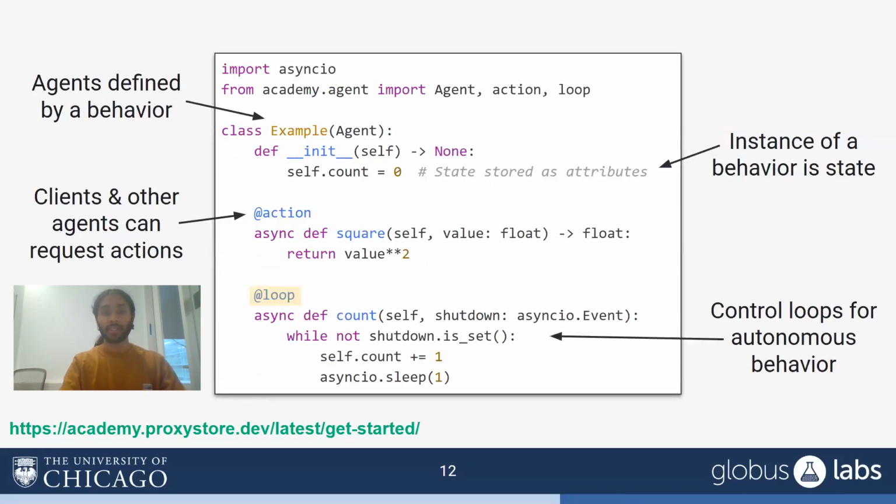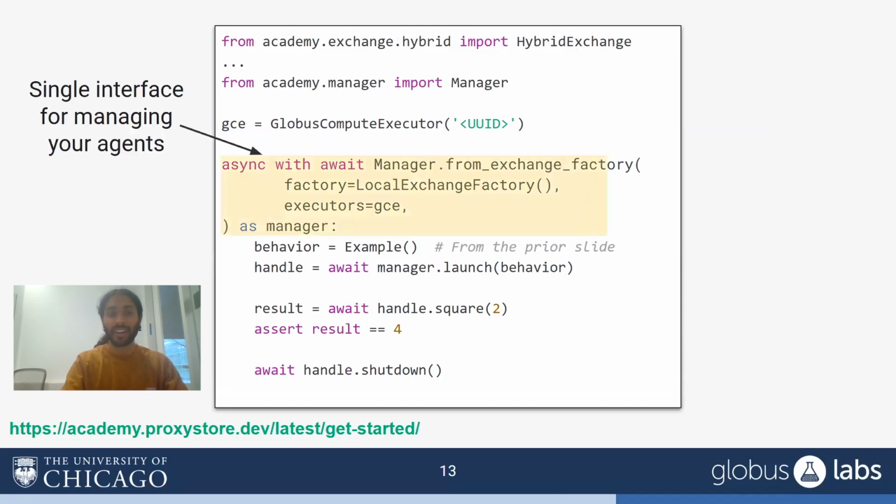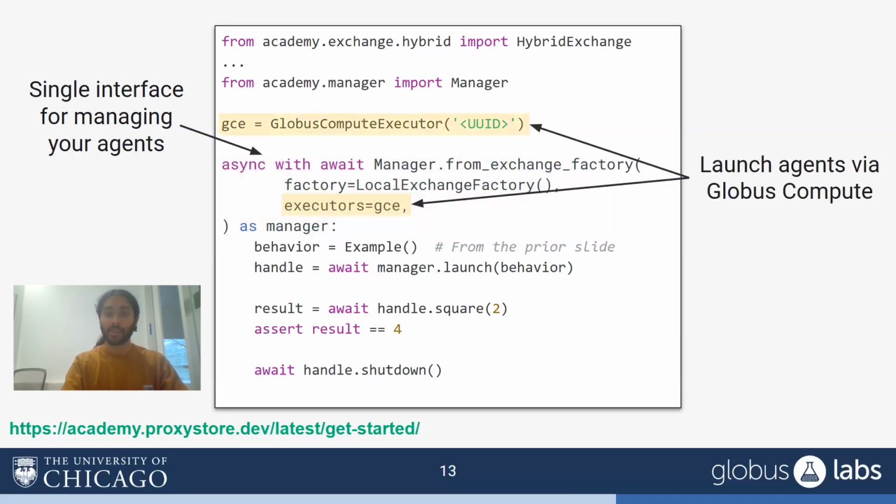So once you have your agent, how do you manage and deploy it? There is a single unified interface for managing agents via the manager class. That takes in your exchange, which in this case is the local exchange factory, and your executor. Here we're launching agents via Globus Compute, and again, this Globus Compute model allows you to turn any computing resource into a function as a service endpoint.